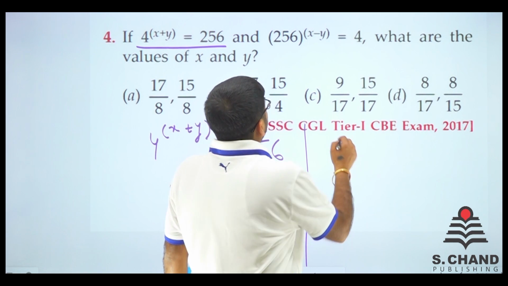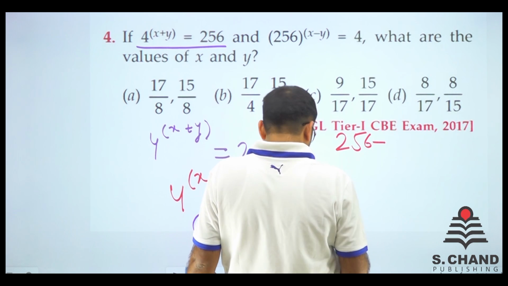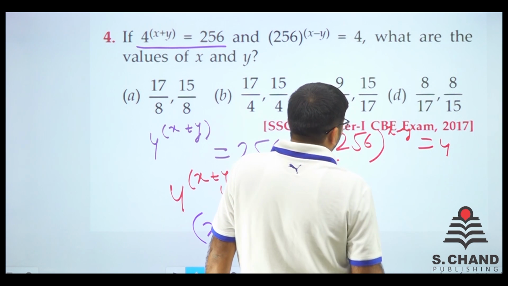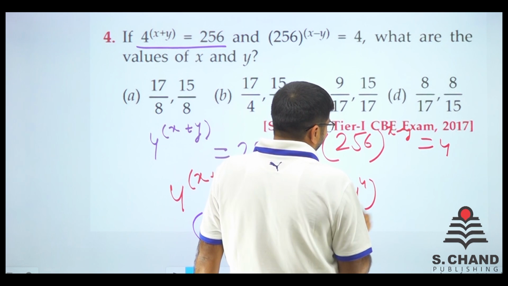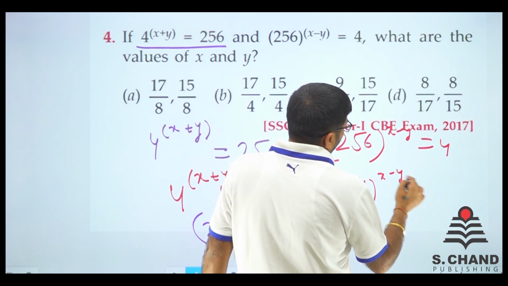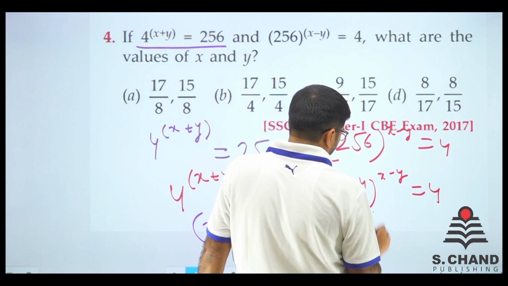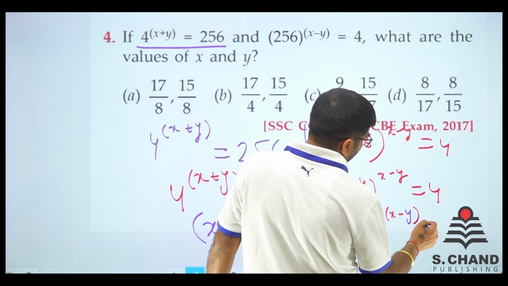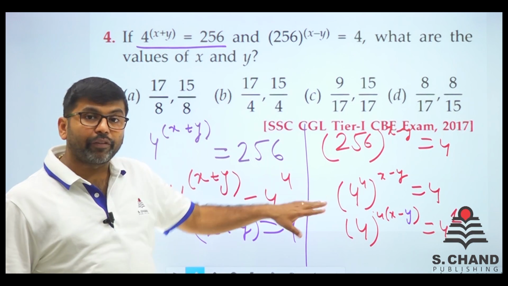Second equation, see, 256 raised to power x minus y is equal to 4, right? So I know it very well that 256 is 4 raised to power 4, so 4 raised to power 4 into x minus y is equal to 4 raised to power 1, because 4 raised to power 1 is again 4.